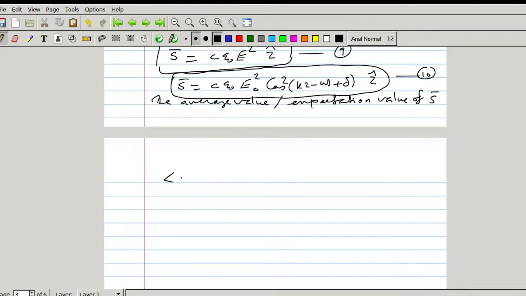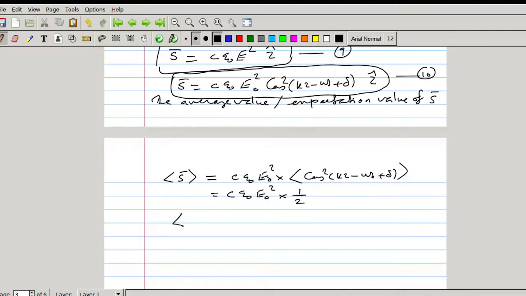Then the expectation of S will be C epsilon 0 E0 square into the expectation of cos square (kz minus omega t plus delta). What is the expectation of cos square theta? The average value of cos square theta over a complete cycle is 1 by 2. So the expectation of S is half C epsilon 0 E0 square.